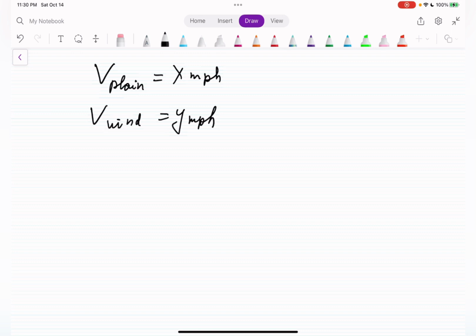Okay, so an airplane takes 4 hours to travel a distance with the wind. Okay, 4 hours.